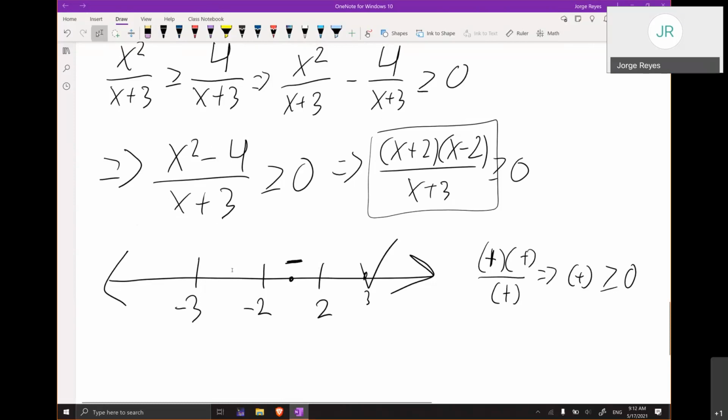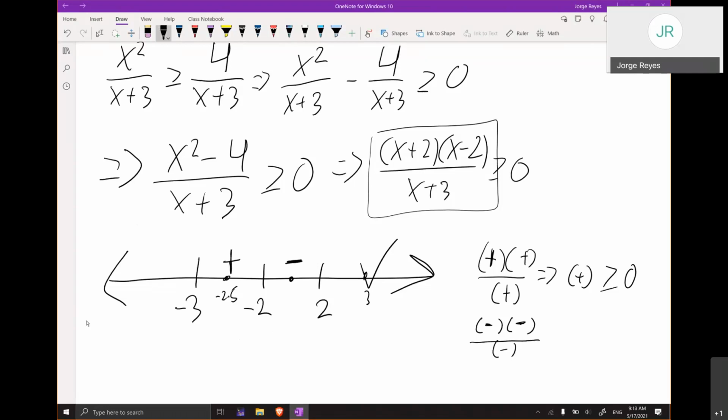And then if I'm going to plug in something in between here, that probably is going to be negative 2.5. But I'm actually going to use the multiplicity trick and know that, oh, that has to be a positive, okay? And then now I have to plug in something over here, which I'm going to plug in -4. So then we're going to get a negative and a negative and a negative, okay?